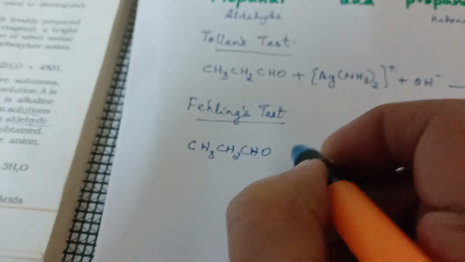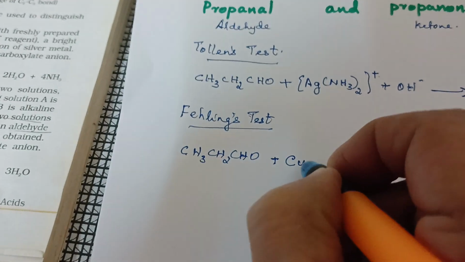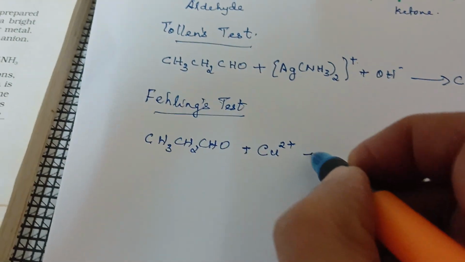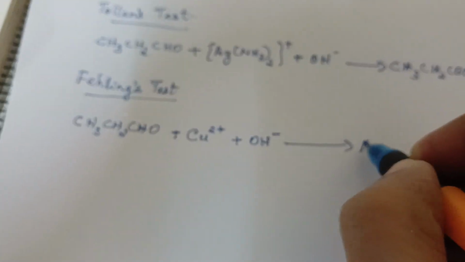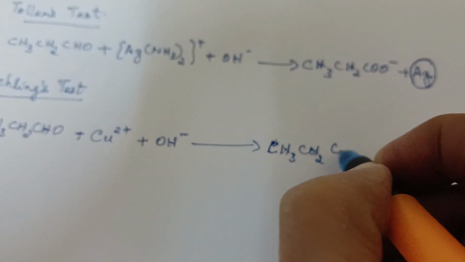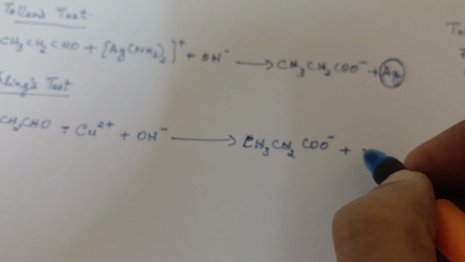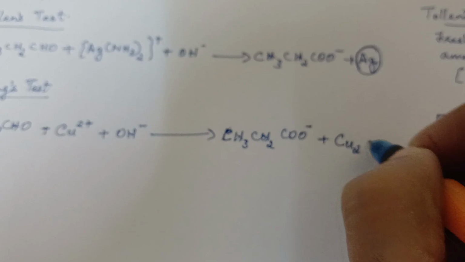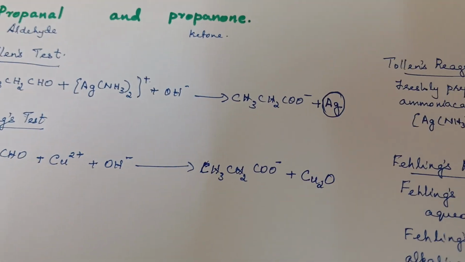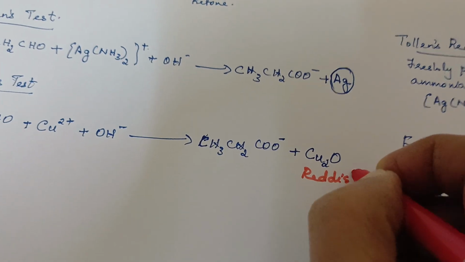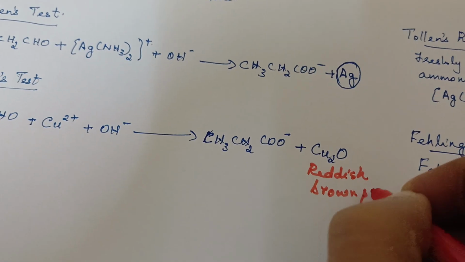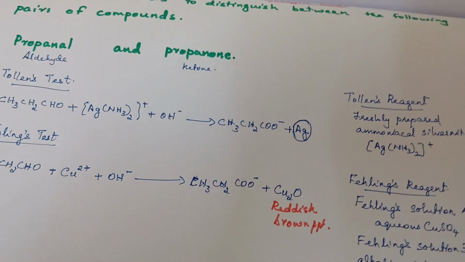So in Fehling's test, you are heating the aldehyde CH3CH2CHO with Cu2+, from copper sulfate, in the alkaline medium, and you will be getting CH3CH2COO minus, the carboxylate anion, and Cu2O, a reddish brown precipitate, along with water.